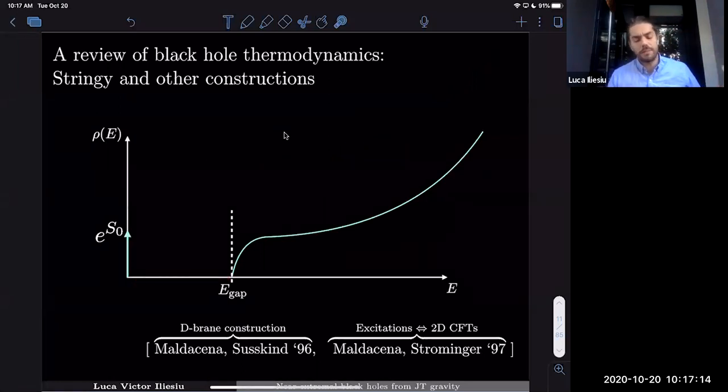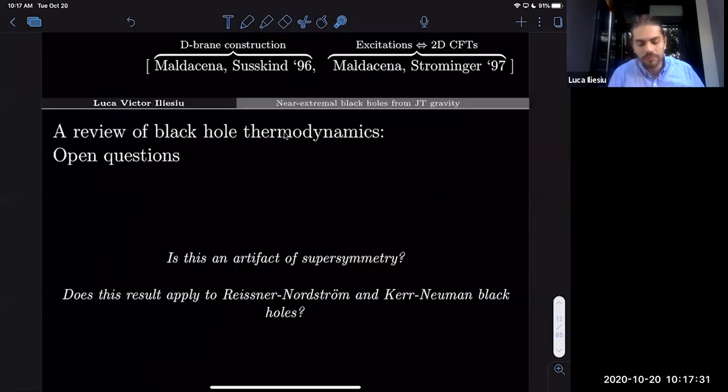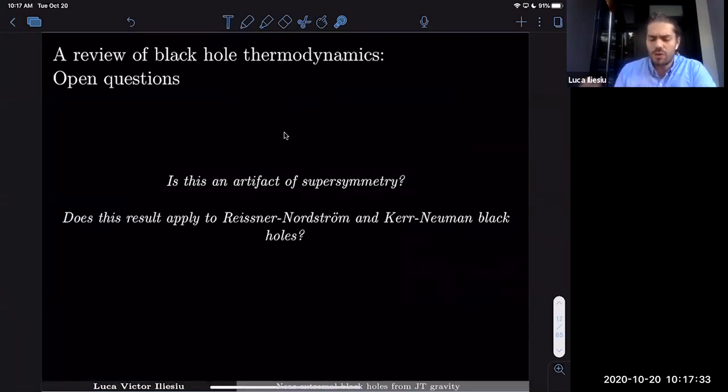Or is it actually specific to the models that they study, which have a lot of supersymmetry, so are not the most generic near-extremal black holes that we are interested in, for instance, the ones in our own universe that are Kerr black holes. Specifically in this talk, I'll discuss whether or not their results apply to Reissner-Nordström and Kerr-Newman black holes.